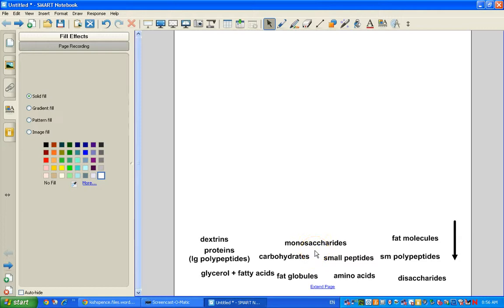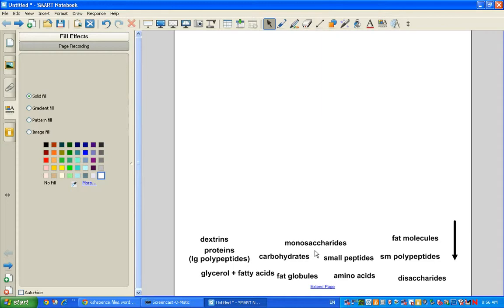Okay, so we have three main kinds of macronutrients that we need to break down in our digestive tract. We do break down nucleotides as well, so RNA and DNA, and we'll talk about that briefly, but these are the three main ones that we talk about when we talk about our diet.